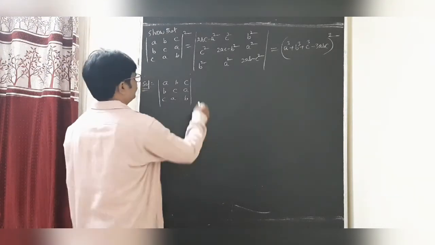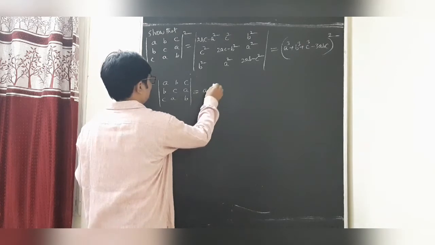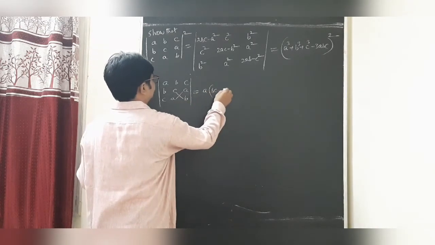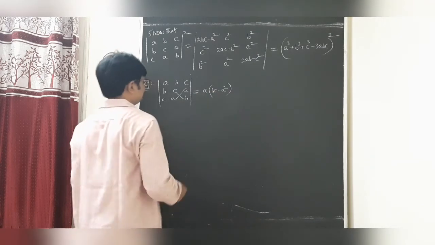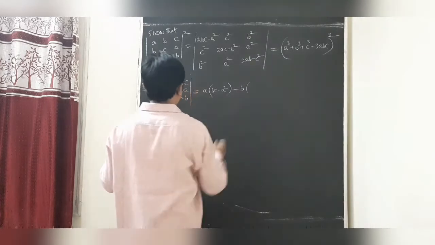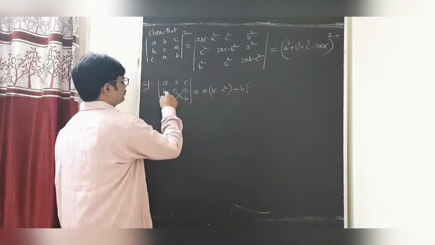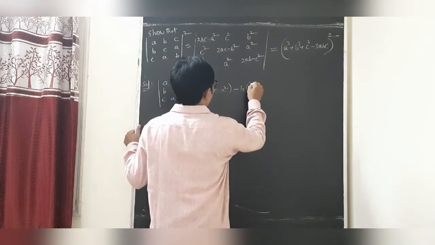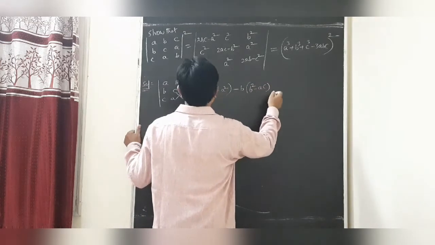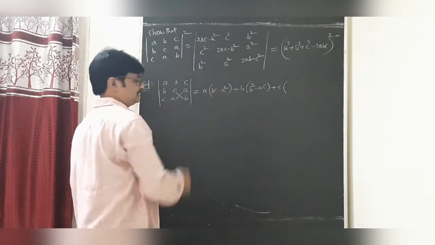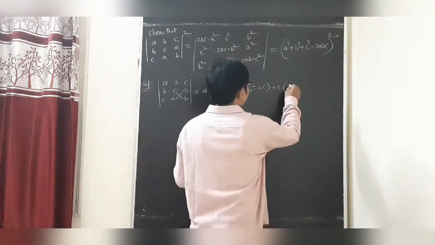Here A into BC minus A square, minus B into B square minus AC, plus C into AB minus C square.